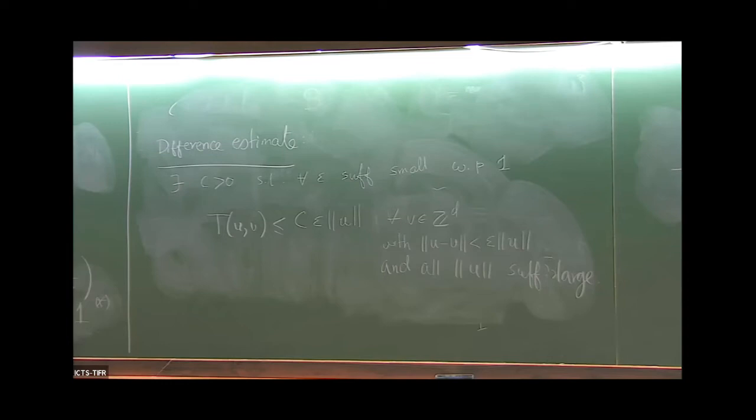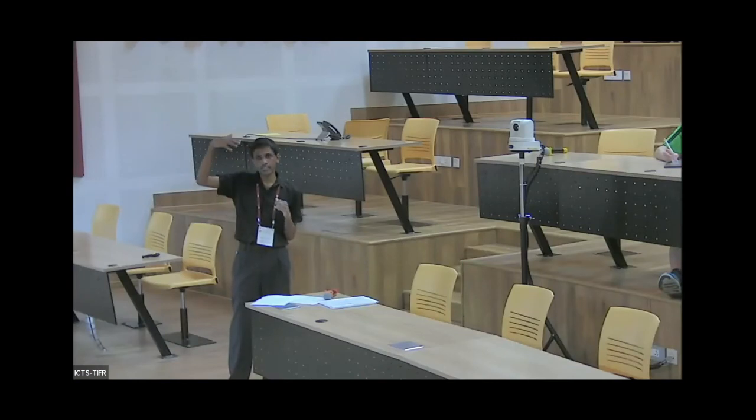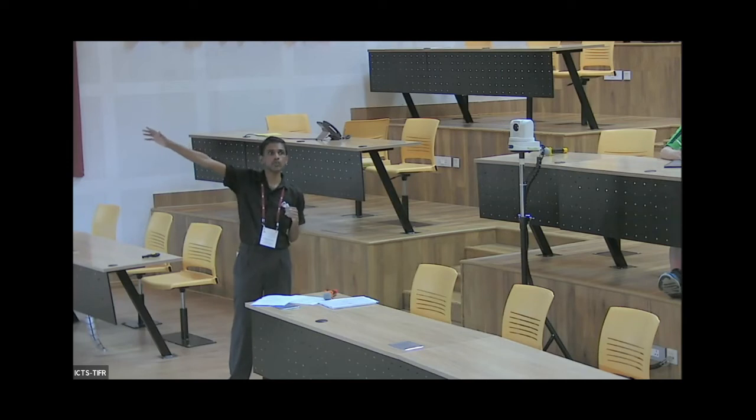So it says that if u is large and u minus v is small compared to norm of u, then the passage time between u and v would be linear in the distance between u and v, in the L1 distance, and this holds simultaneously for all such v and all such u which is sufficiently large. Okay, so this event holds with probability 1.